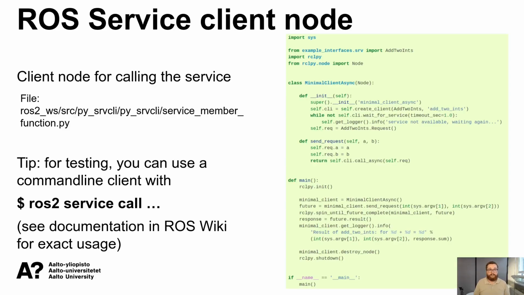And then for the node, because previously we defined the server, which actually carries out the service, now we define the client node. So the client is the one who calls the service.